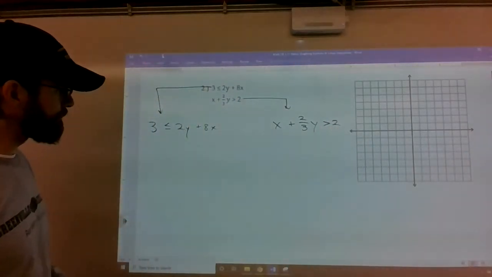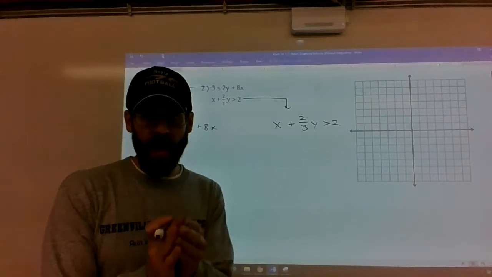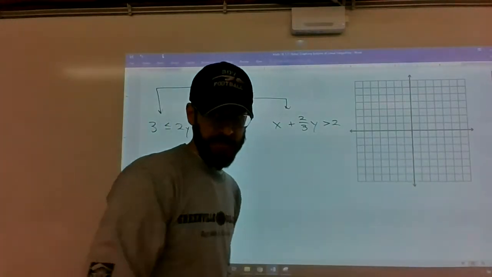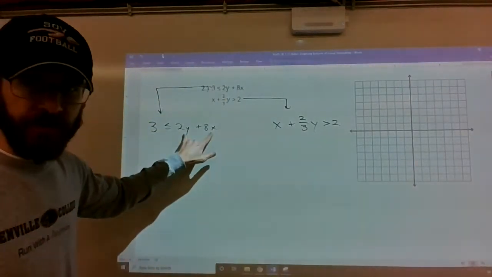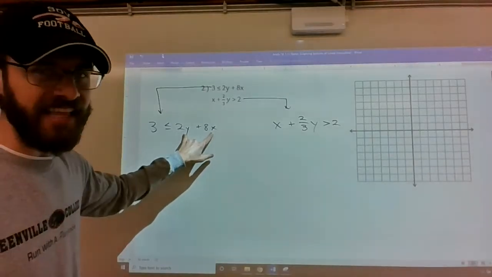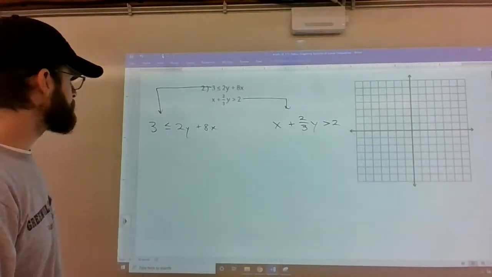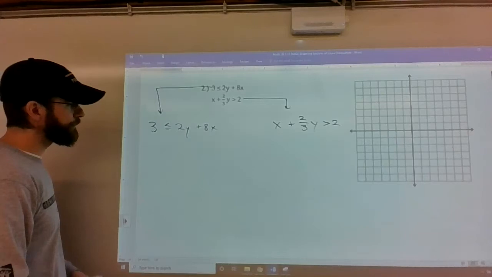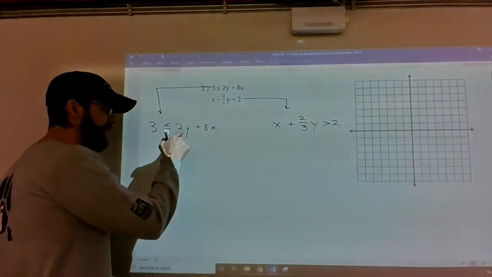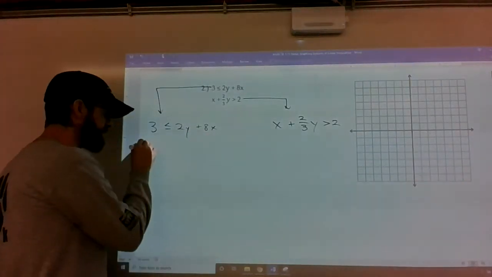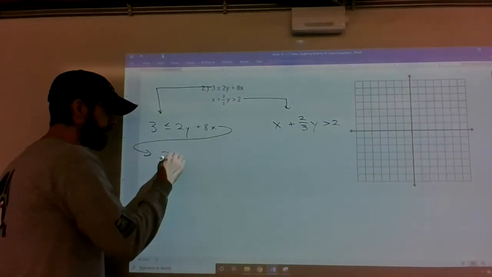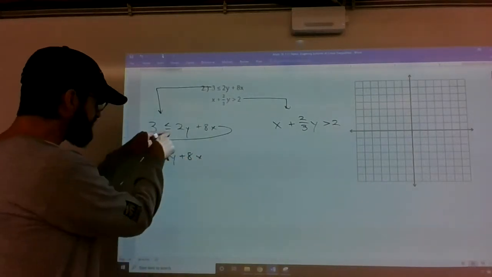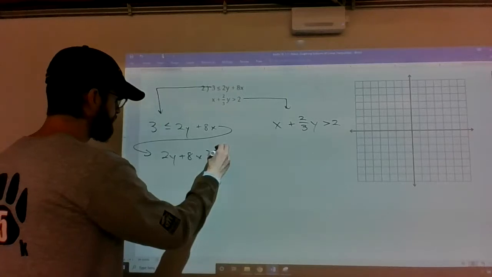So the left one, remember, it's y and then mx plus b. You would probably want to rewrite this so that the y is on the left-hand side. So, yeah, I could rewrite it as 2y plus 8x, and instead of less than or equal to, I could switch it to greater than.